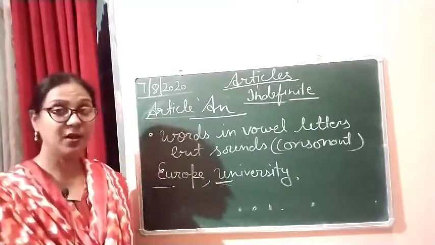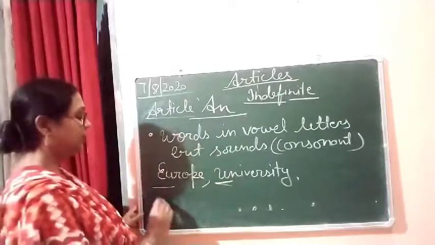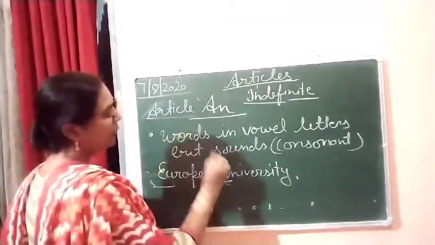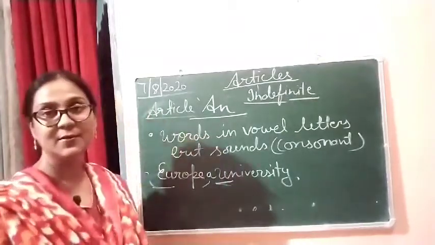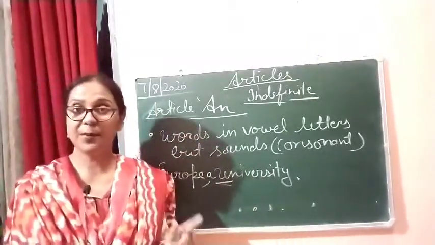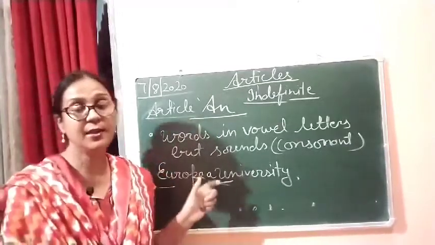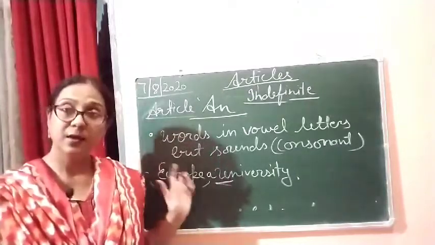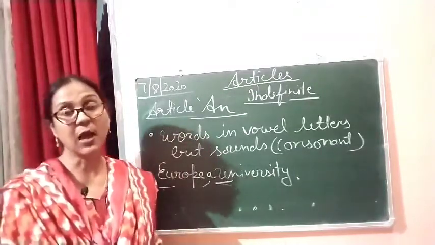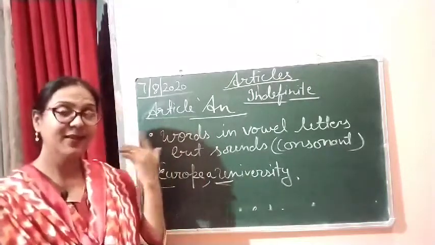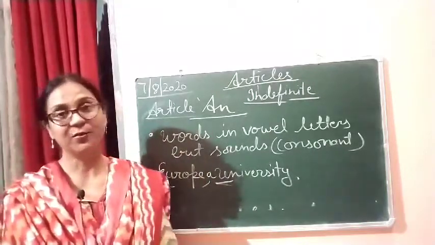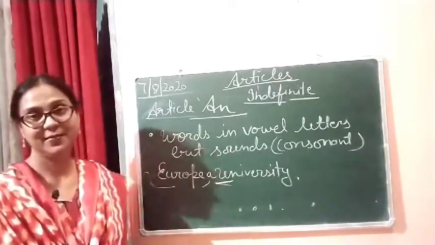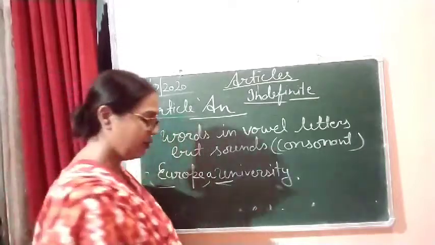So that is why we write "a" here, "a university". We always have to keep this in mind: if a word starts with a vowel letter, but the sound coming to your ear is different and it is not a vowel sound, then you are not supposed to write "an" there. So we have to always learn this.